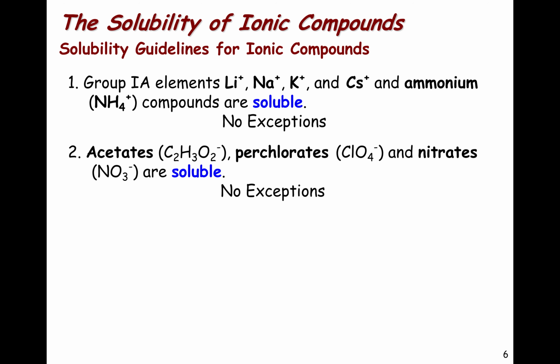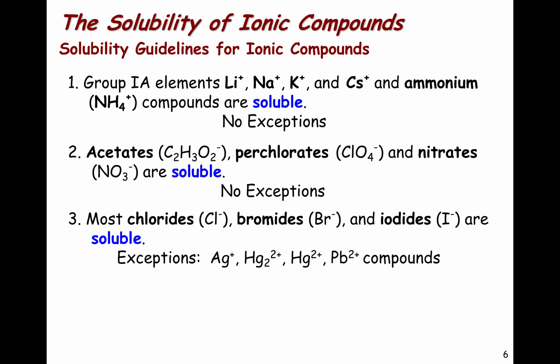The second rule is if the negative ion, the anion, is acetate, perchlorate, or nitrate, those are always soluble, and so there are actually no exceptions to this rule either. The third is that we have things like chlorides, bromides, and iodides, the so-called halides.